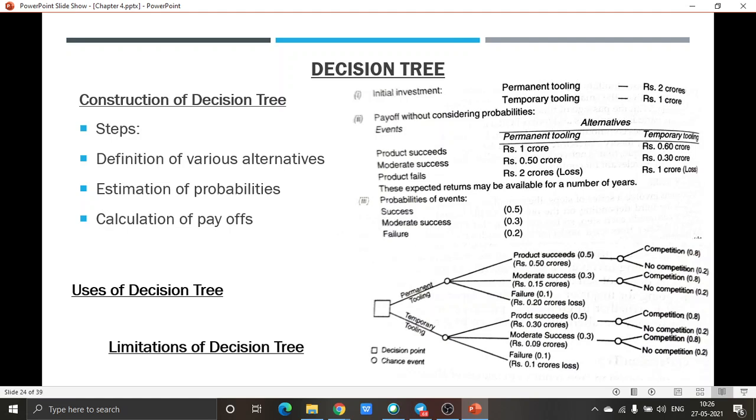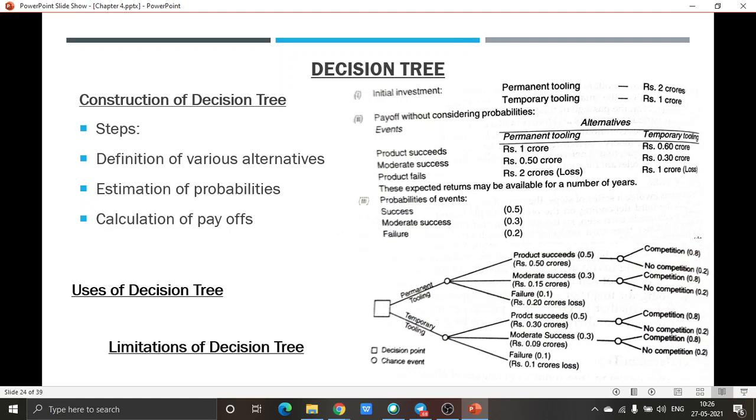Or in other words, it can also be 0.5 into 0.8. Or if you have to tell it in numbers, it shall be 40 lakhs. Now, in the same way, payoffs for other alternatives shall also be calculated.